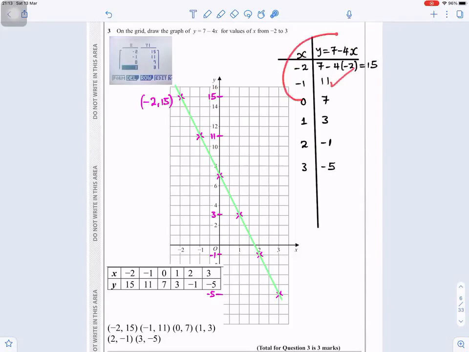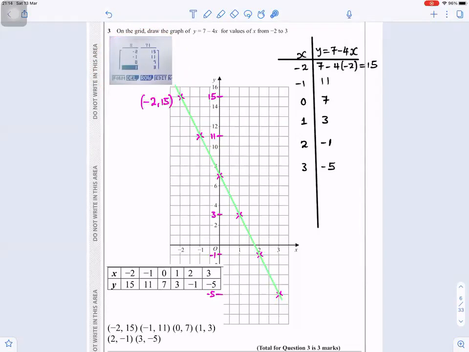You substitute 0 for x, it will be 7 minus 4 times 0, which will give you 7. And you substitute 1, and so on, and you work out all of these y values before you plot the graph, or you get your calculator. If you look on the top left, that is a screenshot of my Casio graphics calculator.